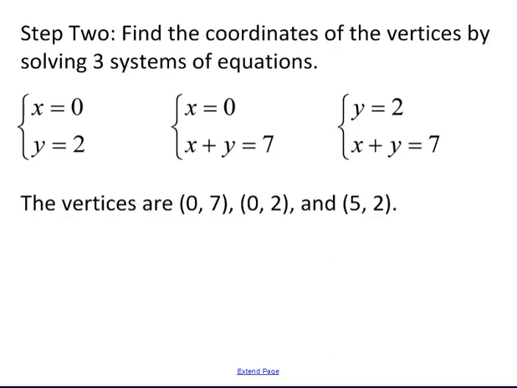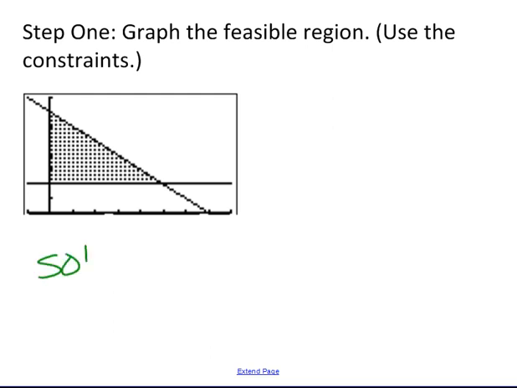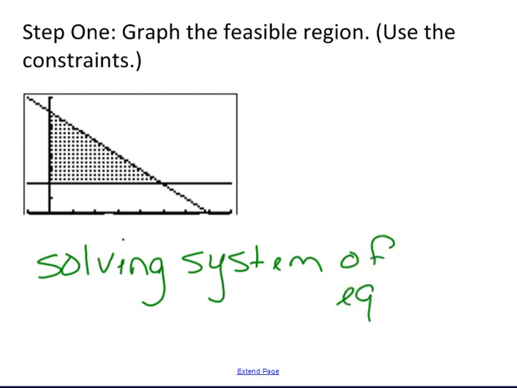Now to actually figure out what those points are, no, you cannot just look at the graph and say, aha, I know what the point is. You have to figure out where 2 lines cross. Well, figuring out where 2 lines cross, that is solving systems of equations, which we did in section 3.2.